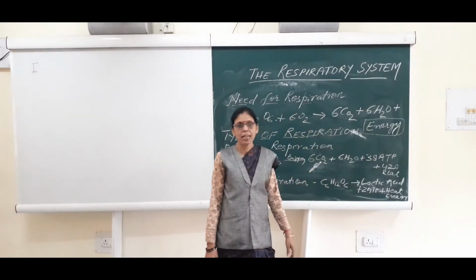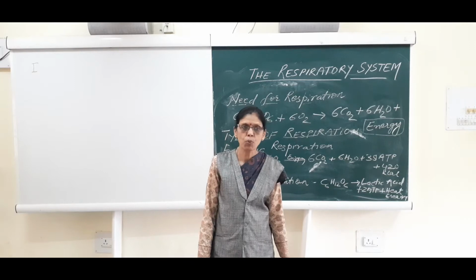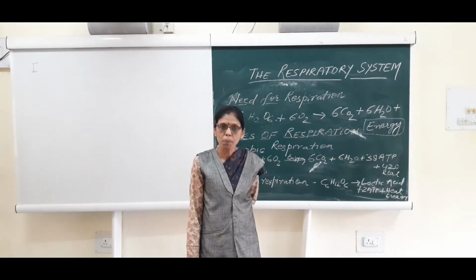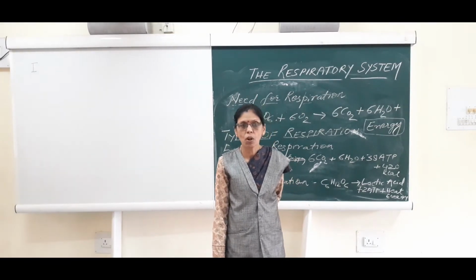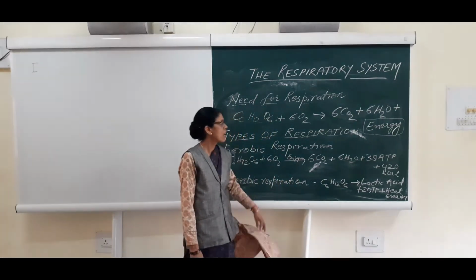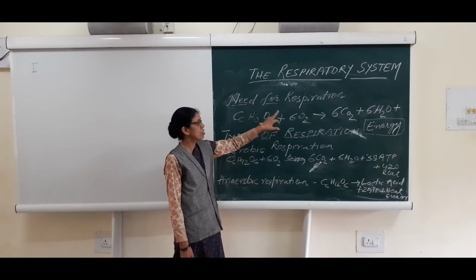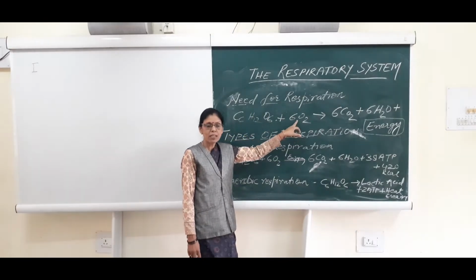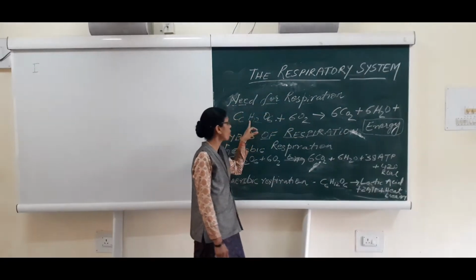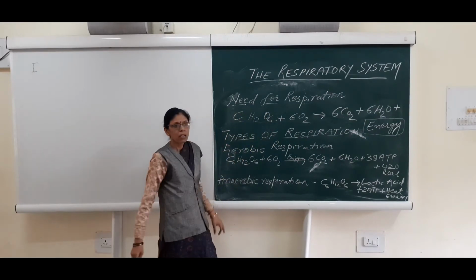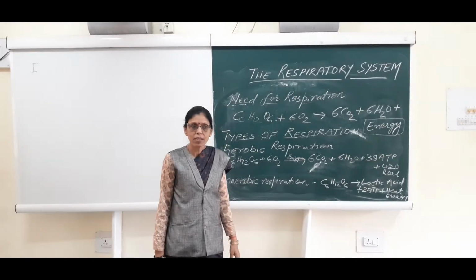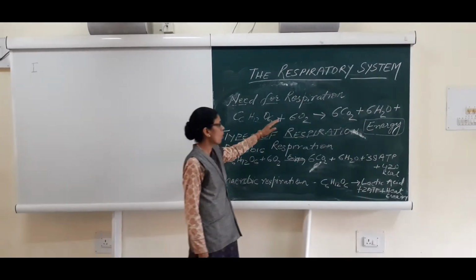We have studied in digestion that complex food is broken into simpler food and then it is oxidized. How is it oxidized? It is oxidized by the oxygen which is taken in, and this food in its simplest, absorbable form, which is absorbed by the various villi and various cells of our body, is oxidized.